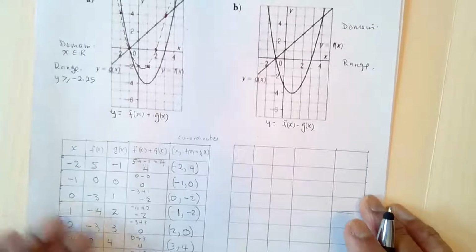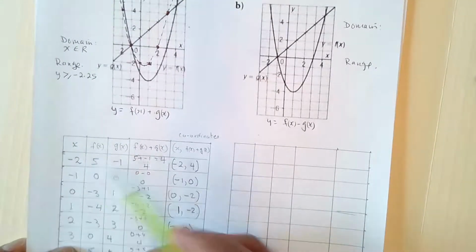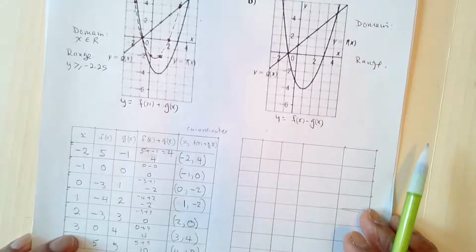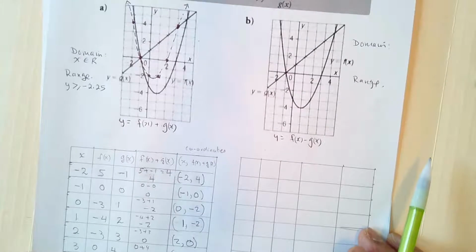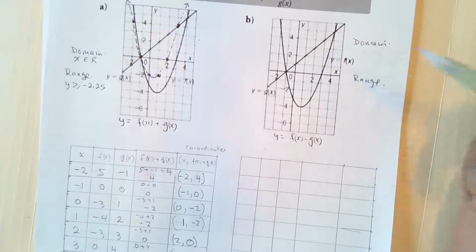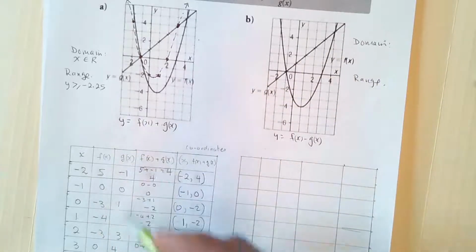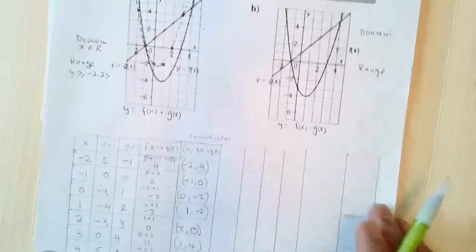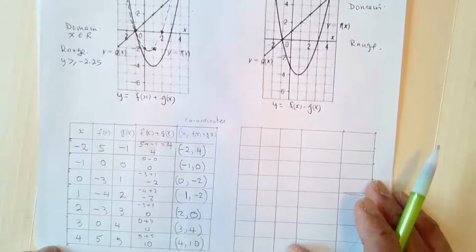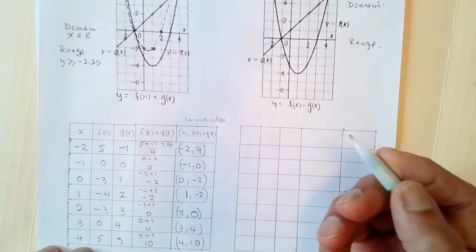And the second one would continue the same process. Notice it's a similar graph. G of x and f of x are the same graphs as in part A. So we can duplicate what we did in part A in part B, except now we are going to subtract.